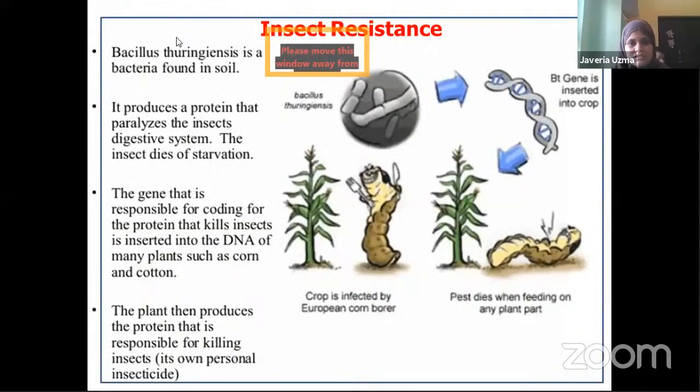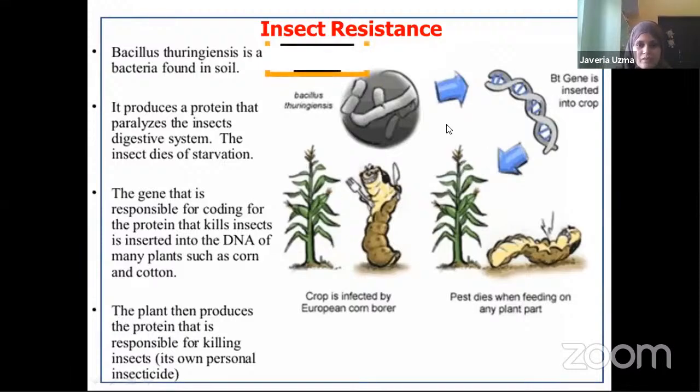Bacillus thuringiensis is a bacterium which is found in soil. In this Bt bacterium, we have a protein. That protein paralyzes the insect's digestive system. So the insect dies of starvation. The gene responsible for coding this protein is inserted into the DNA of plants. Actually, this protein is present in the bacterium. This DNA from this bacterium is inserted into the plant.